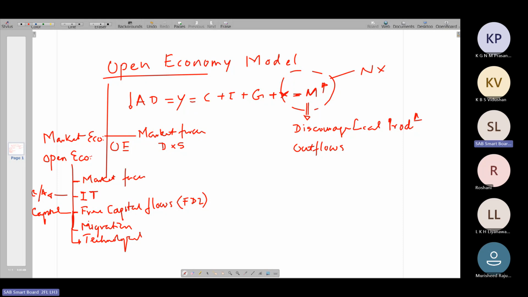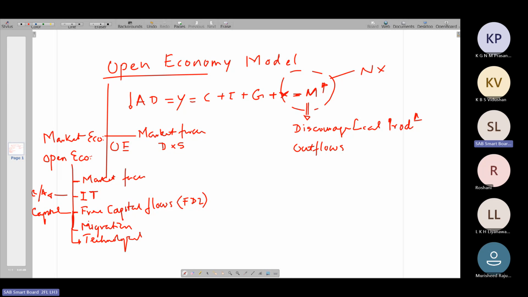All these things we see in the open economy model. Technology is also adopted because nations are open to other nations, which especially encourages trade and capital flows. So technology also comes along with that. Therefore, all these things are interrelated.